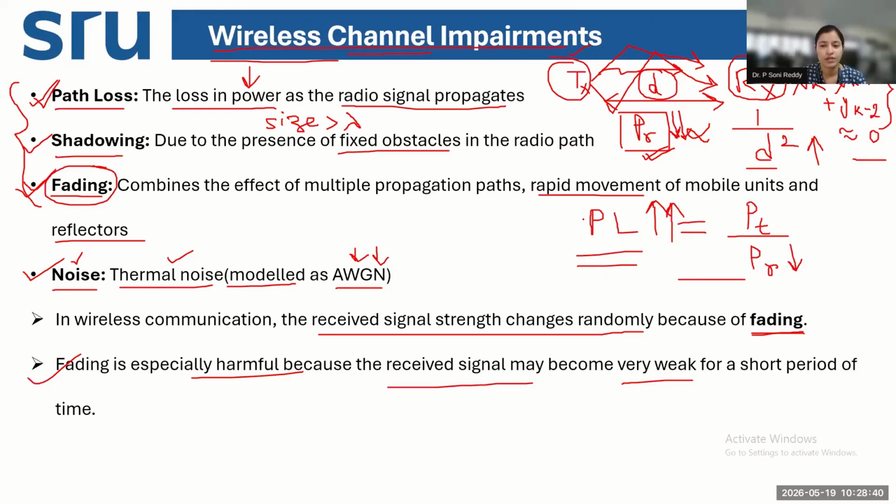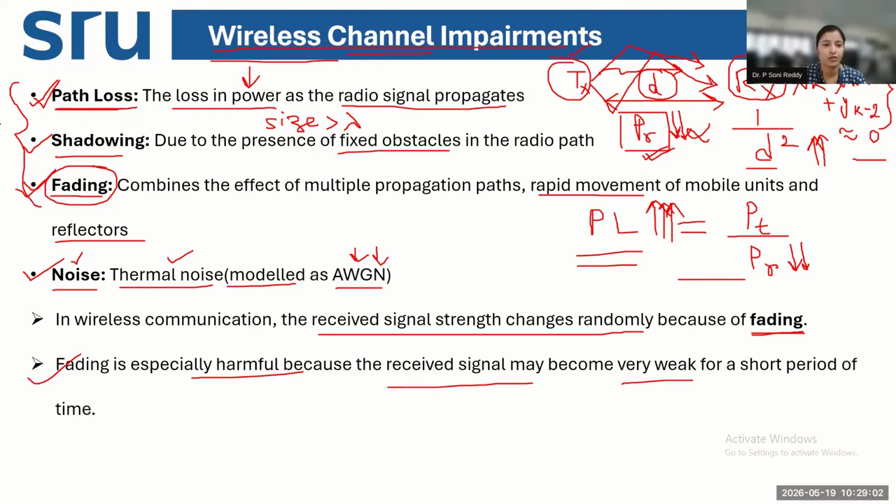This path loss is nothing but the ratio of the transmitted signal power to the received signal power. So as the distance increases, the received signal power reduces, and as the received signal power reduces, the path loss increases. This is one of the signal impairments.